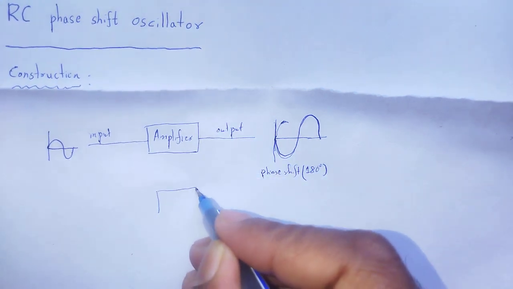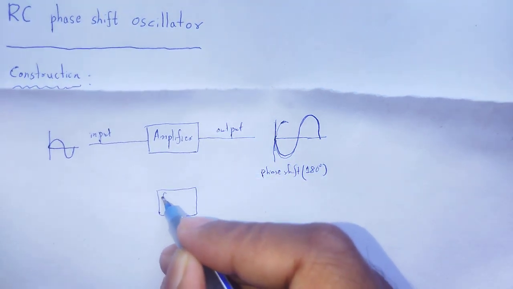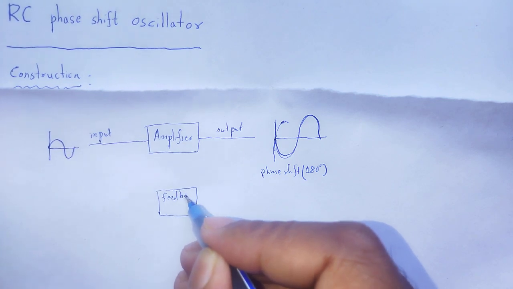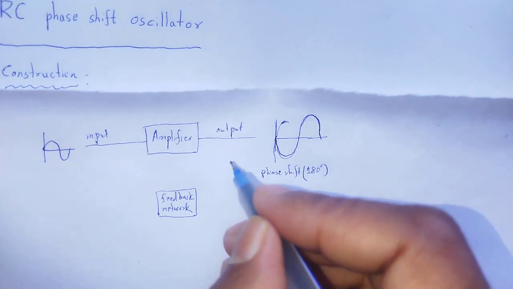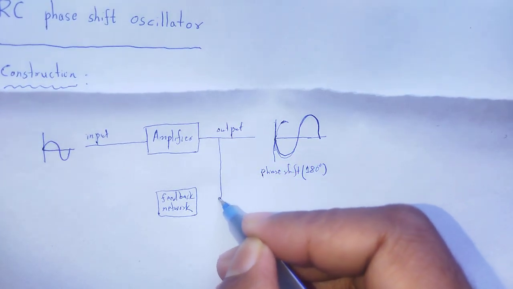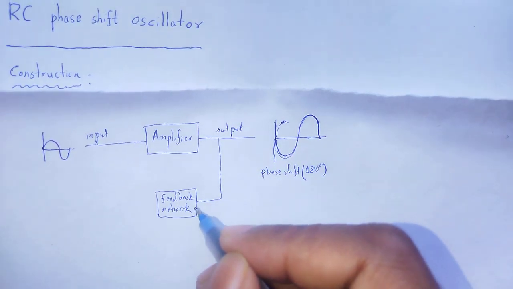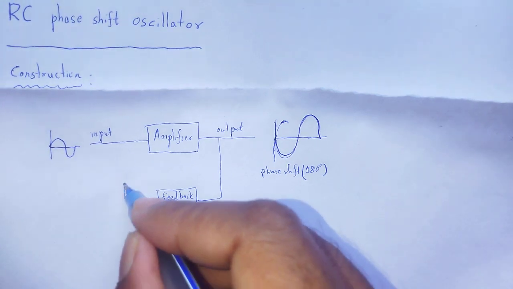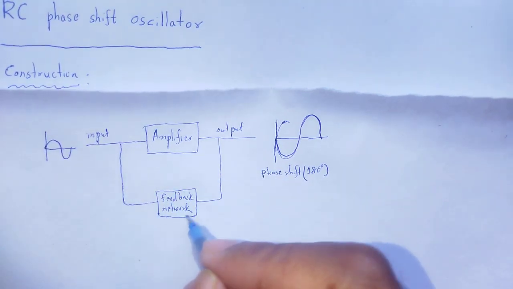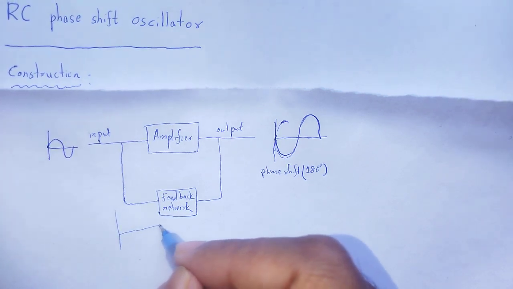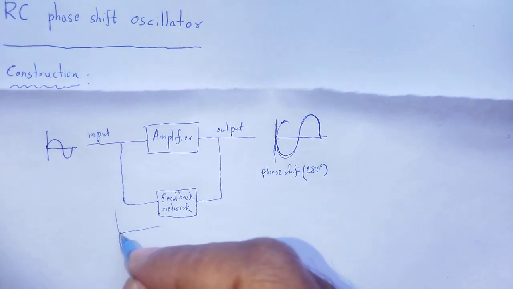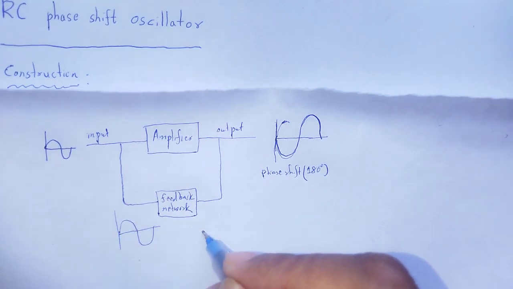Here we use a feedback network, taking the output as the input to the feedback network, and that feedback network provides a phase shift of 180°.